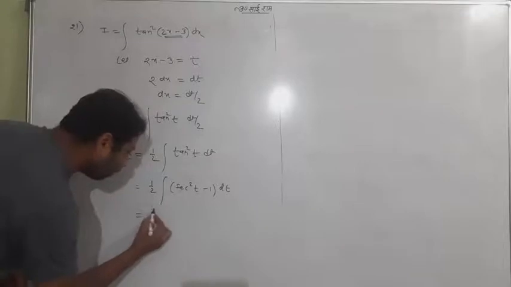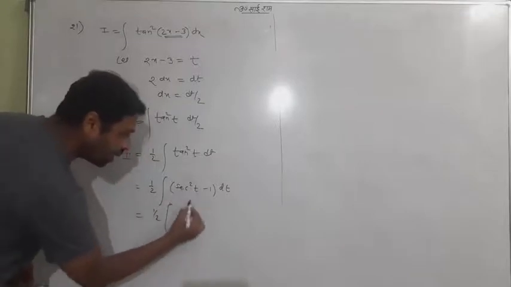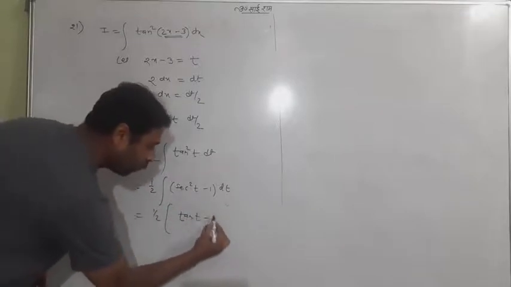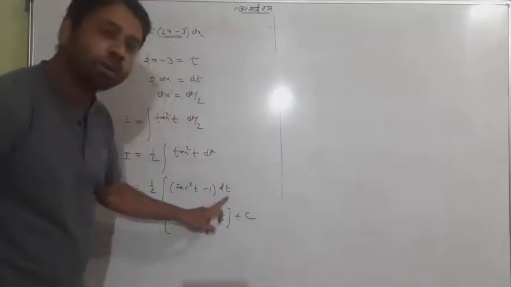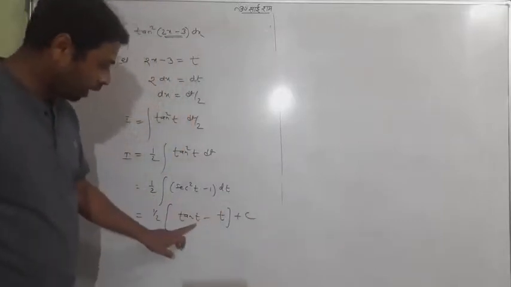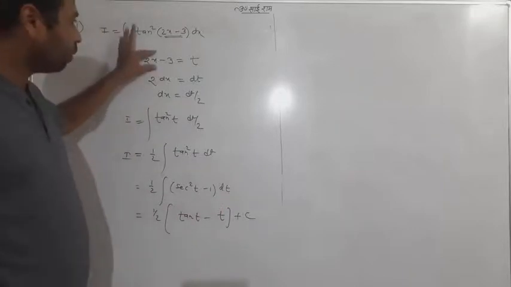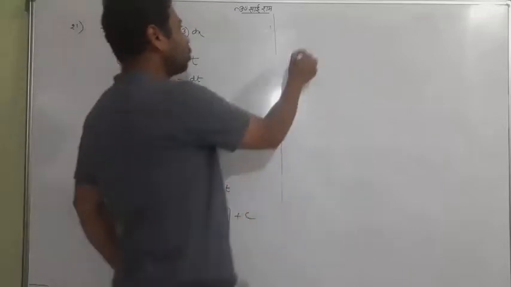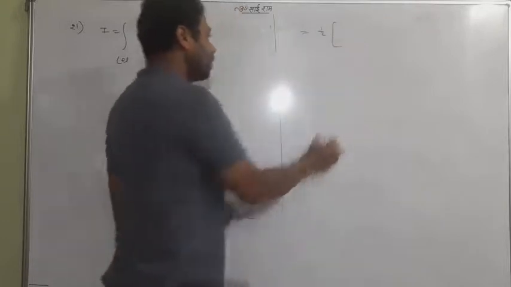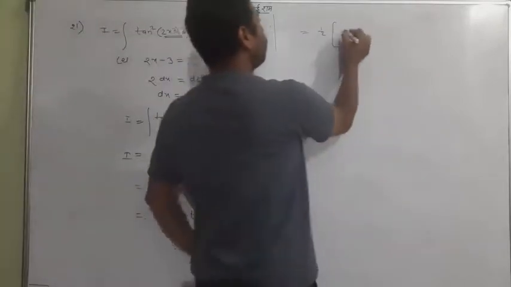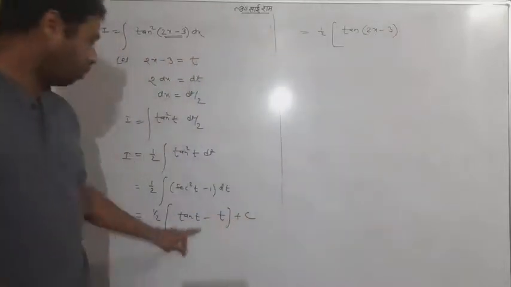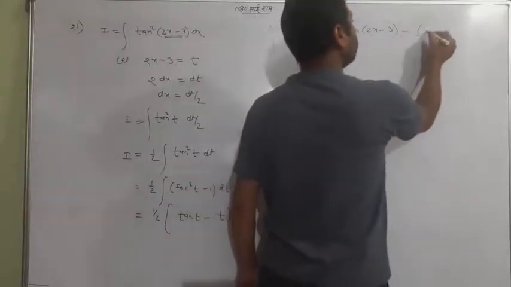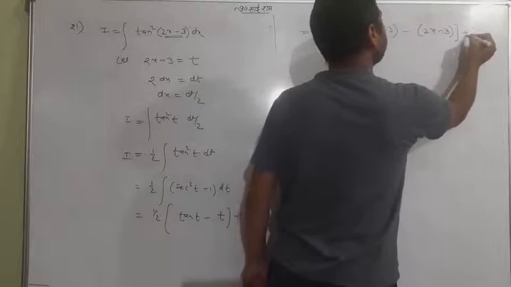Now integrate both functions: integration of sec square t is tan t, and the integration of 1 is t, plus c, because it is with respect to t. Now instead of t you can put 2x minus 3. So you can give your answer as 1 by 2 tan of 2x minus 3 minus of 2x minus 3, plus c.